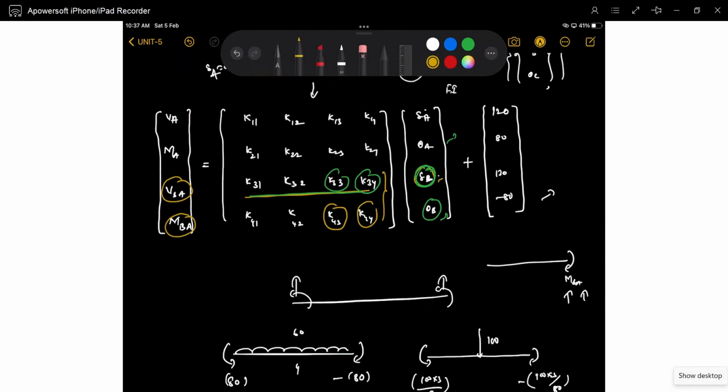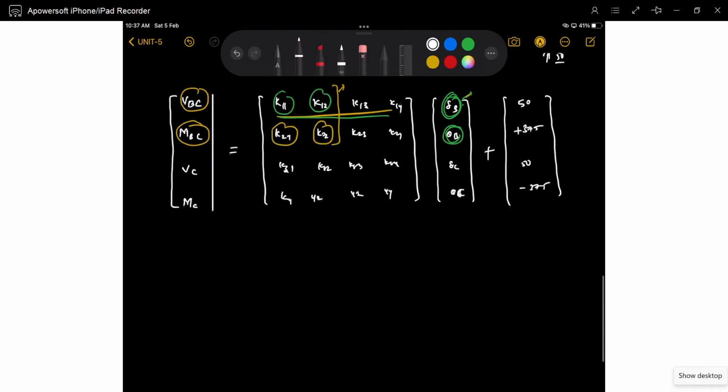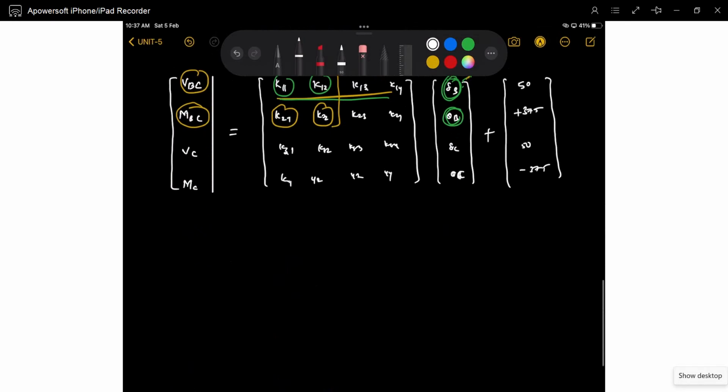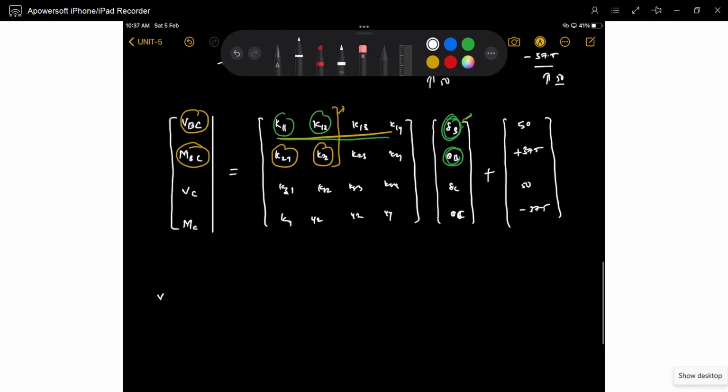So you can write the assembled matrix directly, no need to write like this. You can directly write an assembled matrix every time. How can I write it?